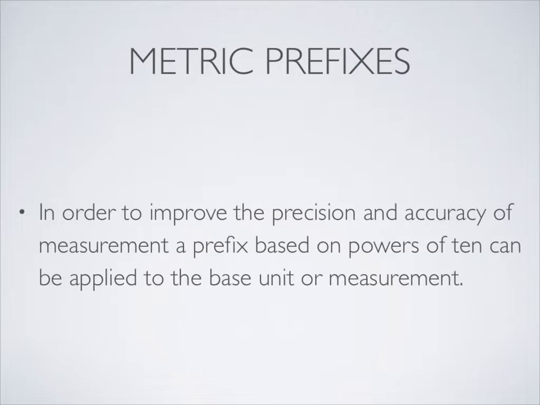The metric system is very, very simplistic because in order to increase or decrease the size of the unit of measurement you're using, all you have to do is divide or multiply by a power of 10. This allows us to improve both precision and accuracy when we're doing smaller or larger measurements. For example, if we're measuring the length of a pen, you probably want to use centimeters. If you're measuring the length of a room, you want to use meters because it's a more precise measurement.